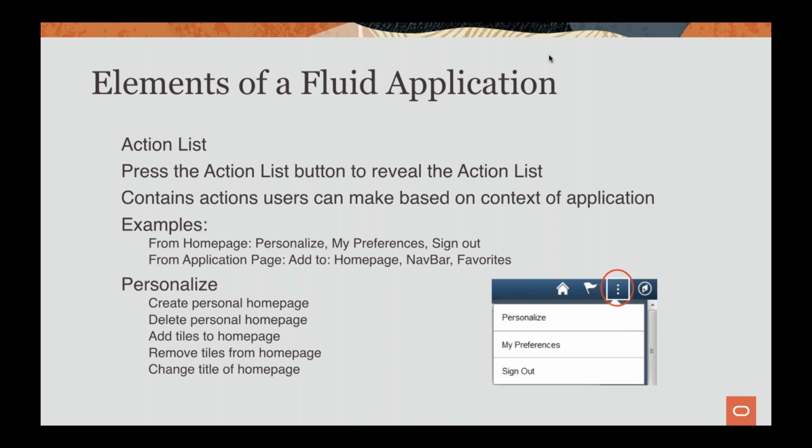Then let's say you're inside a different application page, things you can do there are maybe look at favorites, navigate, etc. So it will change accordingly as to where you are in the application. Within personalize, you can create your own home pages. You can delete them, add tiles, remove tiles, change the title. So the whole thing is configurable by yourself.